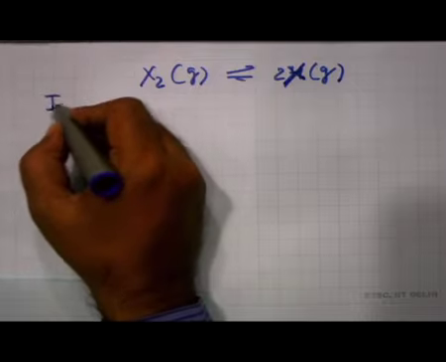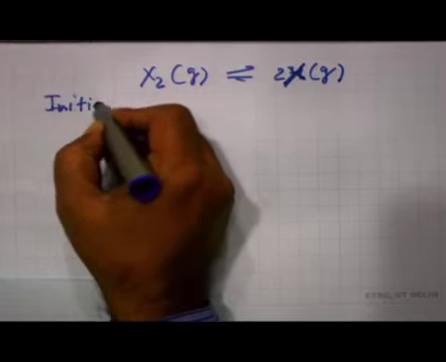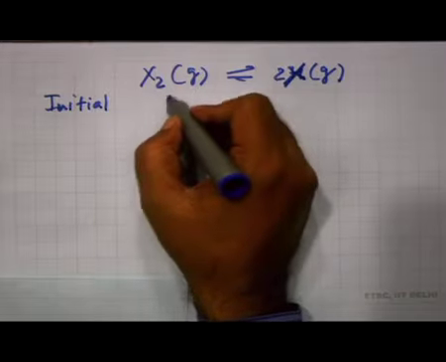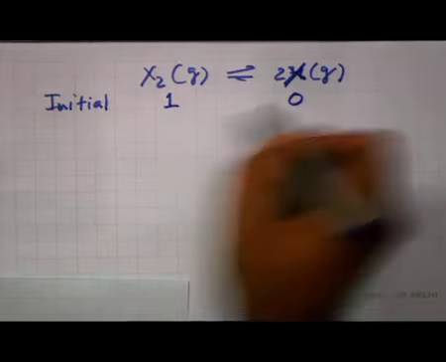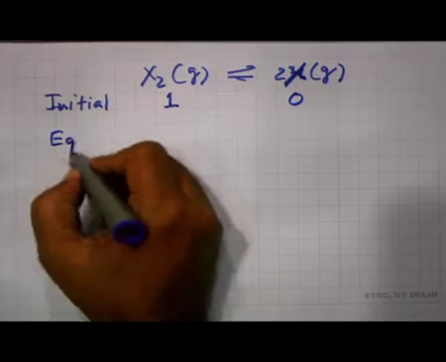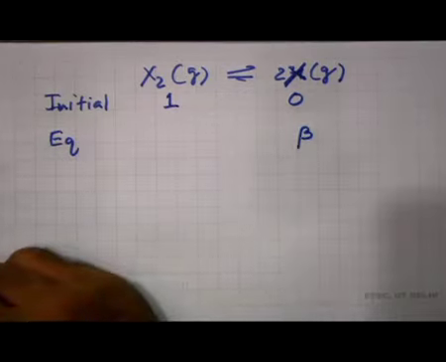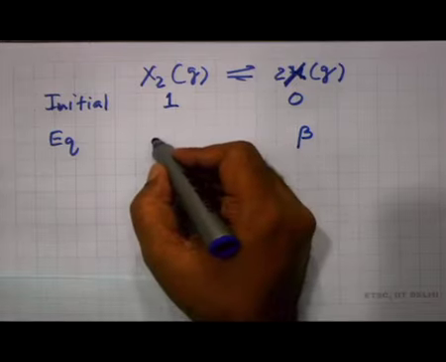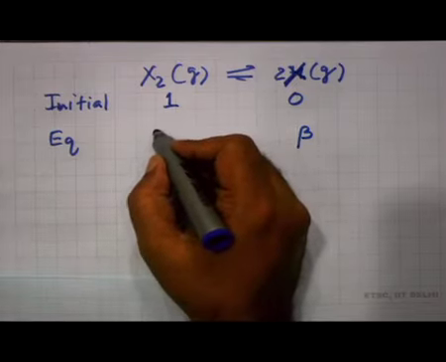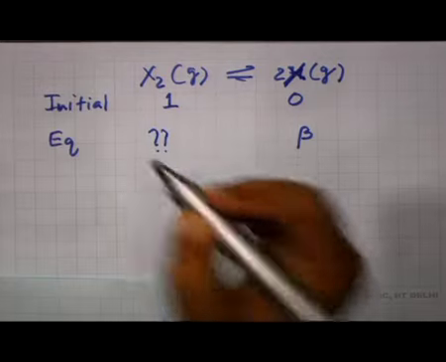So, let us write this: initially, you have 1 mole and 0, and at equilibrium you have beta here. Okay. Now, what is the number of moles of X2? This is the first question.